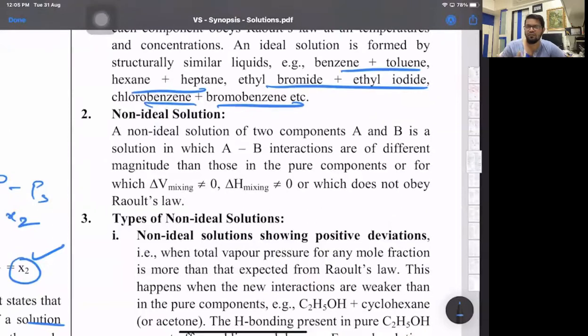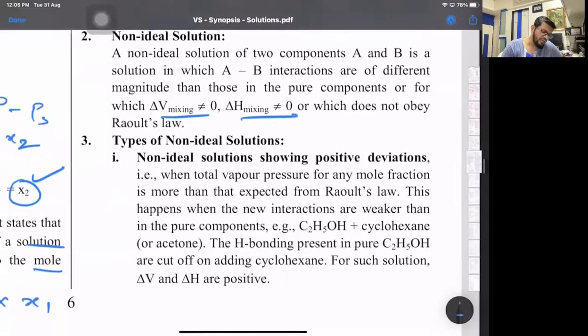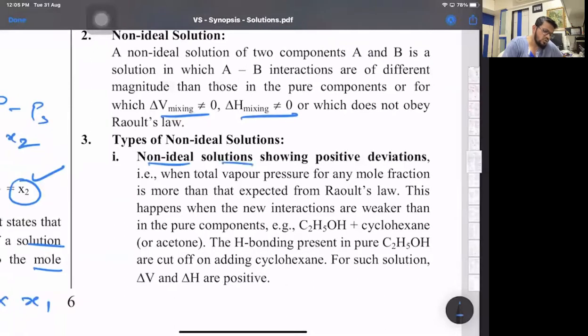Non-ideal solution is where there are interactions. That means on mixing, there is a change in volume as well as a change in enthalpy. There are significant solute-solvent interactions between the two. So now we'll talk about the two deviations. Non-ideal solution showing positive deviation. What is positive deviation? I've told you all.